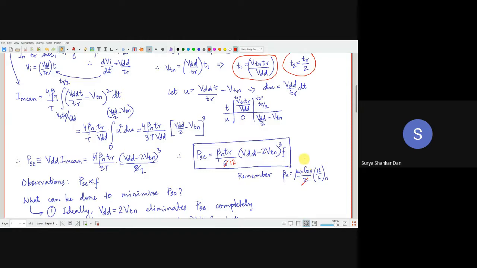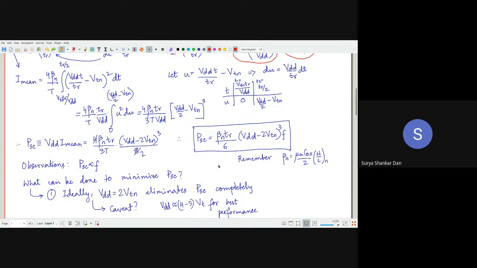The reason why I am putting this is that it will be easier later on for designing circuits. We will start circuit designing within the next week itself. Over there you will see it will be cumbersome to calculate 2 every time. Whether it is 6 or 12 depends on whether beta n is having a 2 here or not. So this is your final model for the short circuit power.